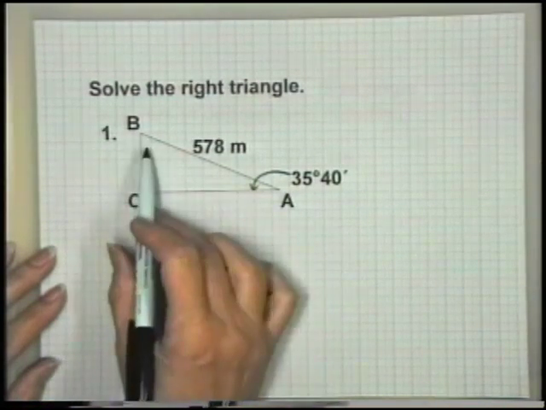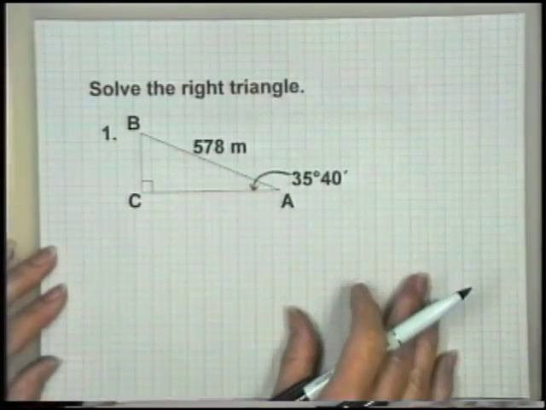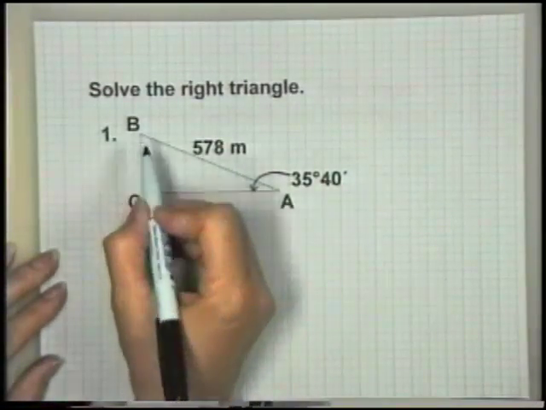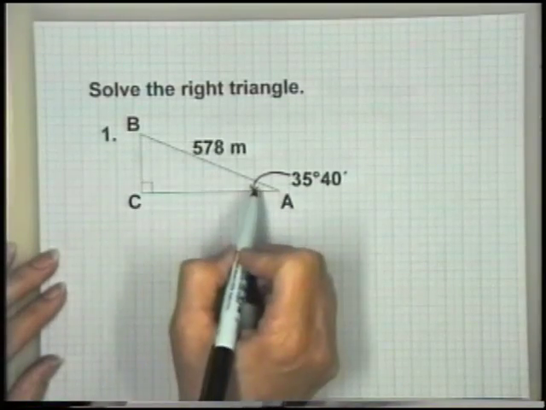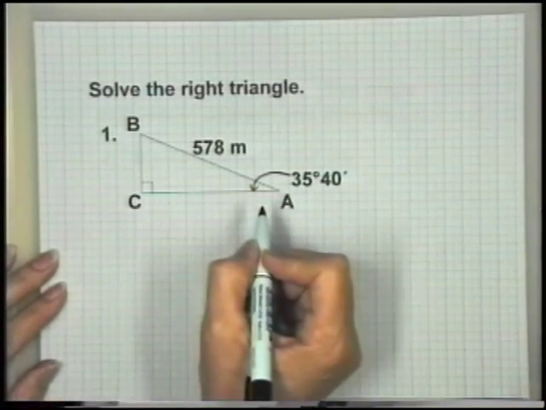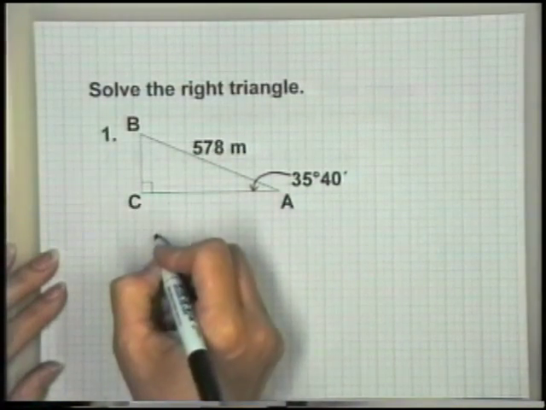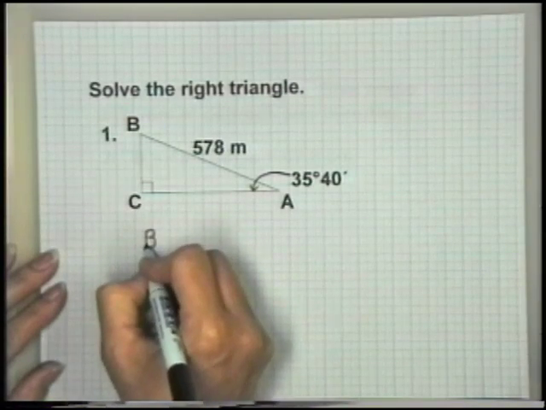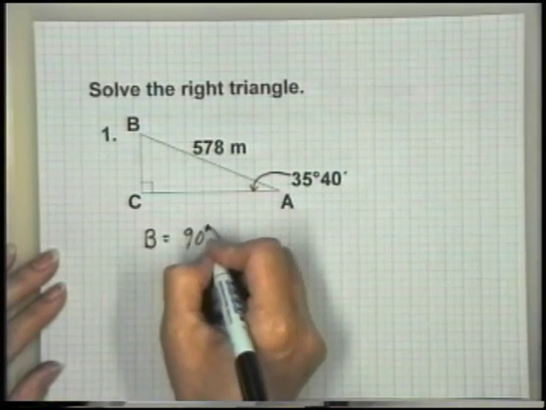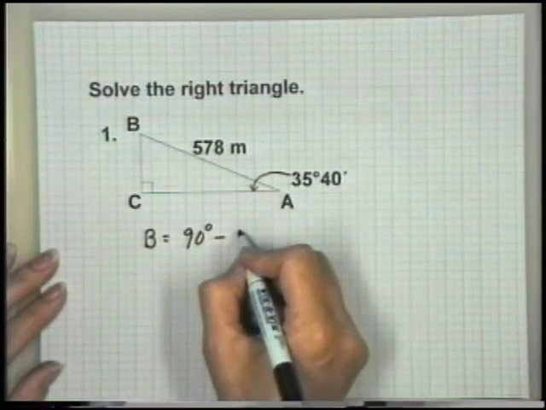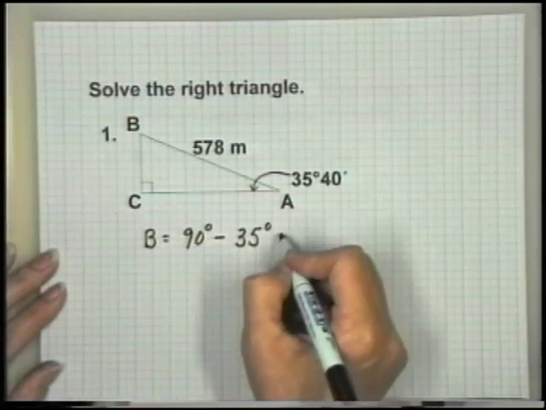Of course, we know that if the sum is 90, that those are complementary. But the point is, to find this angle B, since I know that they are complementary or their sum is 90, I can simply say 90 degrees minus the angle A.